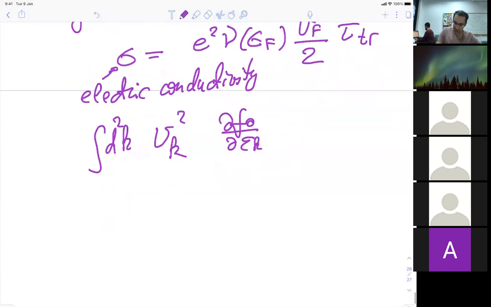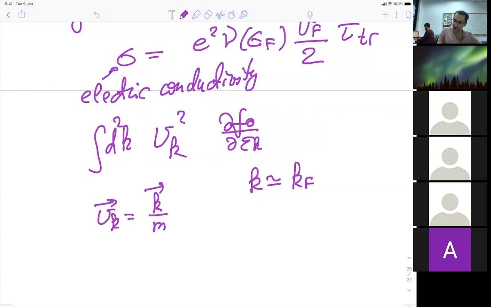Now note that this function is different from 0 only for k close to the Fermi surface, right? So if you compute Vk, this will be for a parabolic spectrum k divided by m, right?